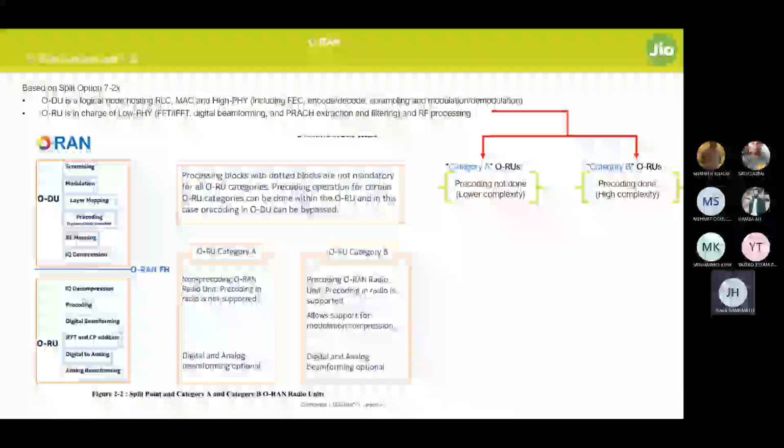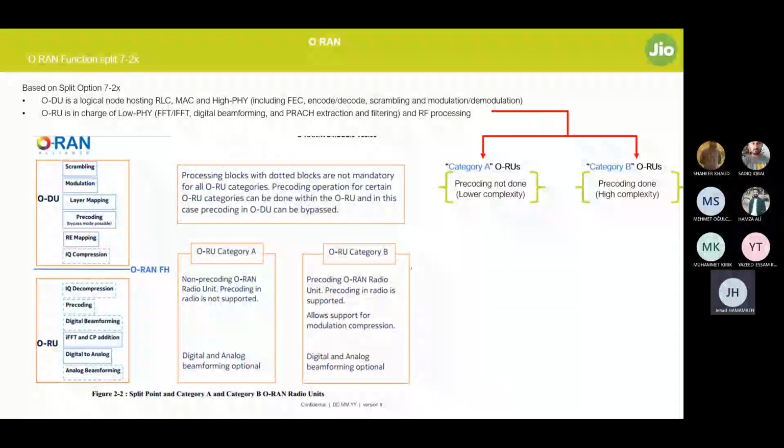So basically you have precoding, as you can see, in the open distributed unit and the open radio unit. If you use precoding in the open distributed unit, you should skip the precoding in the open radio unit. If, on the other hand, you include precoding in the open radio unit, you should skip the precoding step in the open distributed unit.